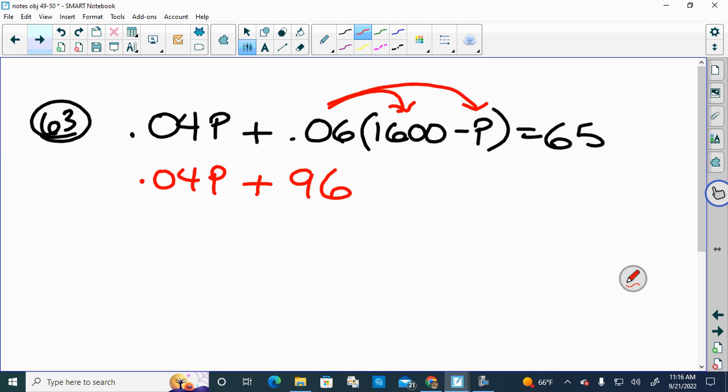When I distribute 0.06 to negative p, it's just putting them together as times, because I can't multiply a number times a variable. But make sure you're putting the negative out front, because really this is a negative 1. So it's a negative 1 times that, which is going to make it a negative. But we just put it outside, so negative 0.06p equals 65.